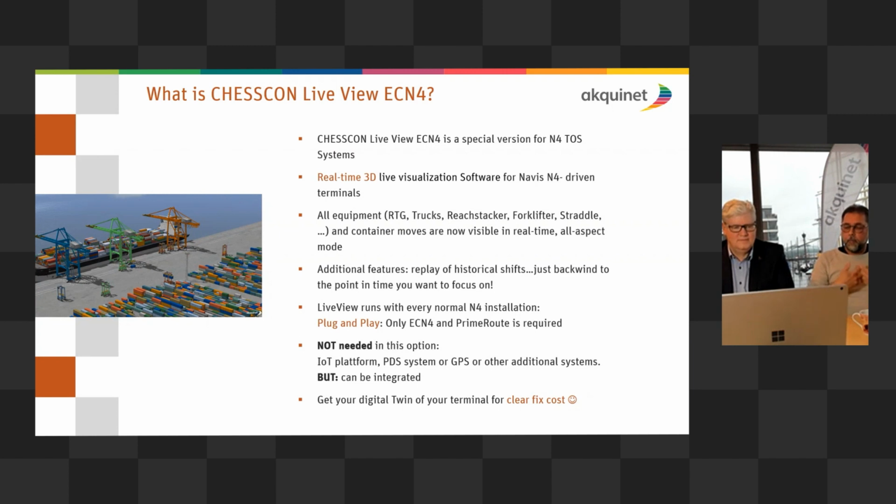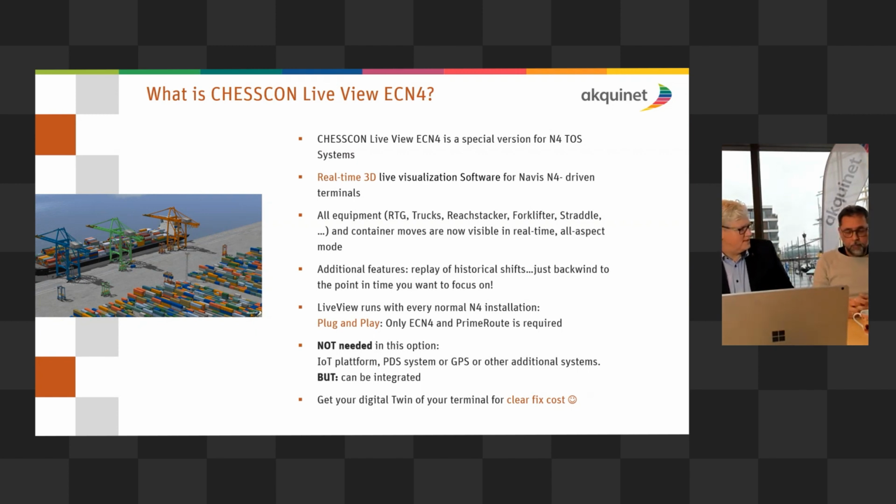But for the first step, if you want to have a digital twin, you need only a normal N4 system and additionally our CHESSCON Live View system, not more, no other software, no other hardware, and this is, I think, very cool to have.